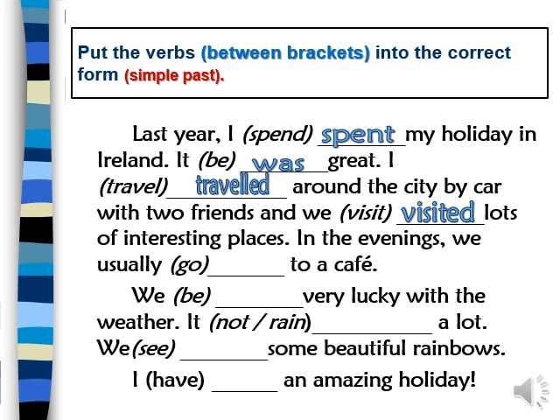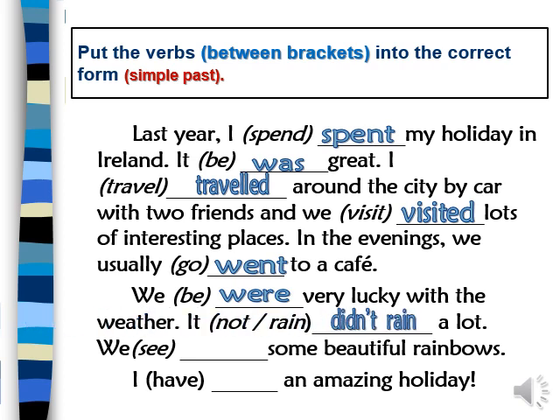In the evening, we usually went to a cafe. We, verb to be. Excellent. Were, because we is plural. We were very lucky with the weather. It not rain. That means we should use the negative form of the past simple.